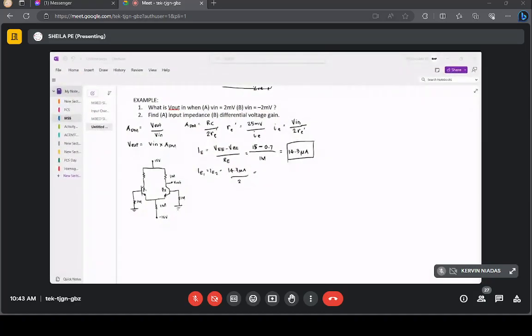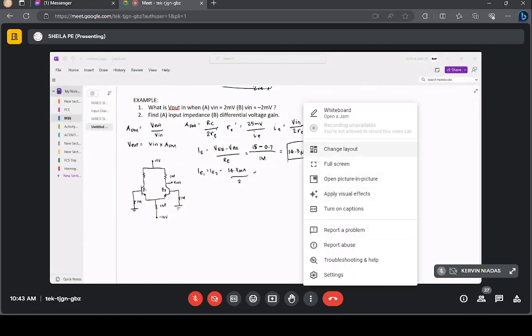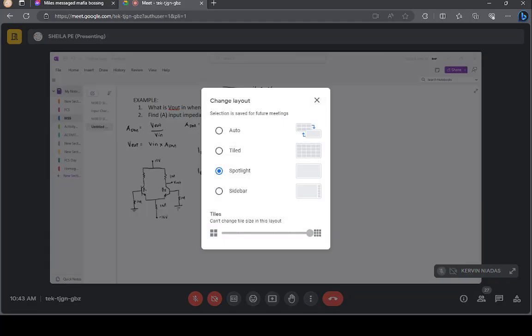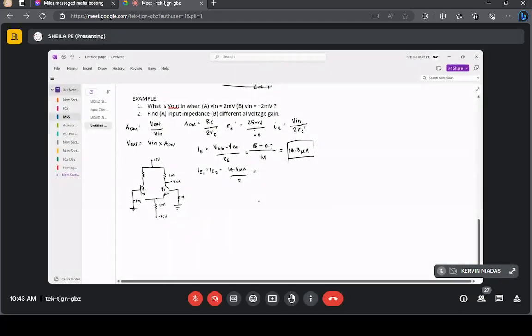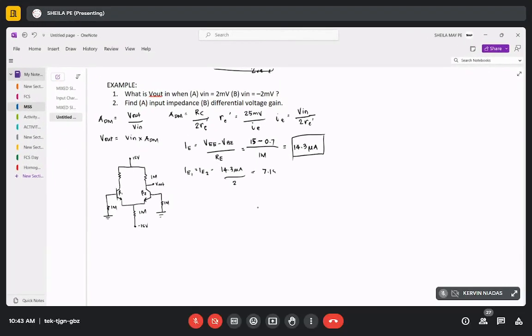So for that one, 14.3 divided by 2. So that's 7.15 sa IE 1 and 2. Yes, miss, if I'm right. Okay, 7.15 micro. That's for our IE1 and IE2.